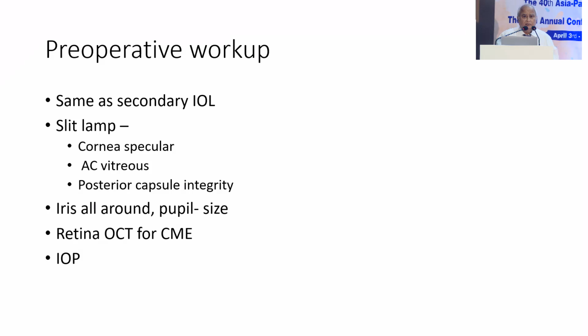Pre-operative workup, the only thing I would request you is, once the complication has occurred, whether you are a resident or a consultant. I consider myself a resident in putting an iris claw lens. I used to have Professor S.P. Singh, Vinod, Aprajita, and so many residents who could easily implant this posterior fixated iris IOL.